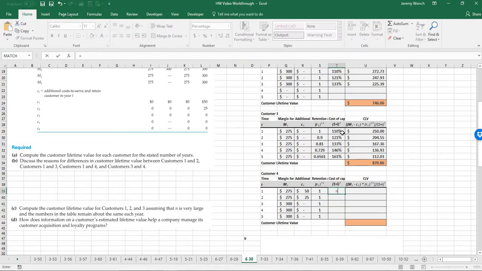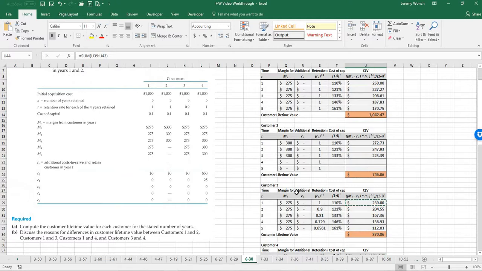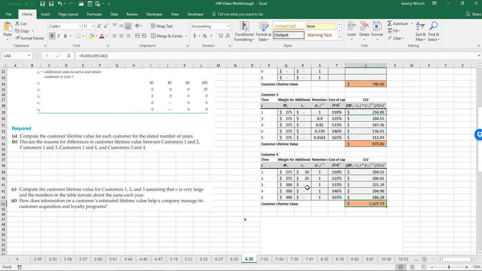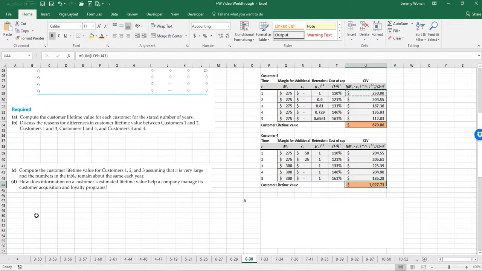Let's copy down our cost of capital, and let's copy down our formula. So, okay, we've done all our calculations, and now we have the customer lifetime value for all 4 customers.